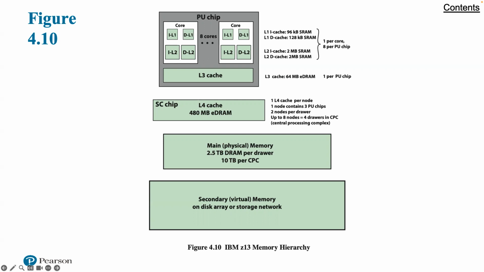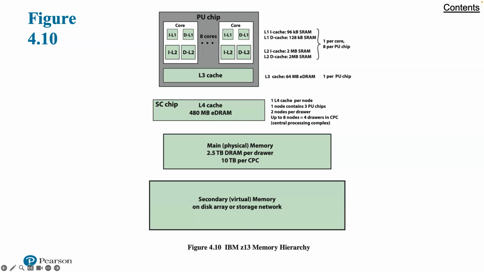L4 cache also uses eDRAM and is shared by all PU chips on the node of a CPC drawer. Each L4 cache has 480 megabytes for L4 owned lines, and 224 megabytes for a non-data inclusive coherent, or NIC, directory that points to the L3 owned lines that have not been included in L4 cache.